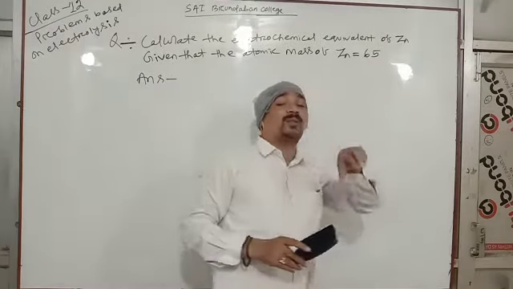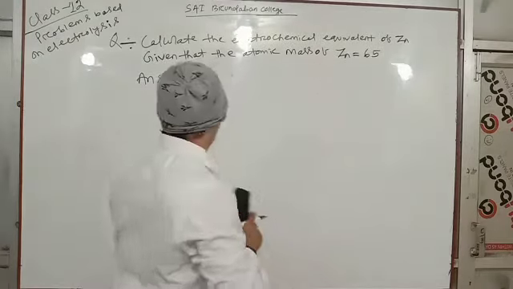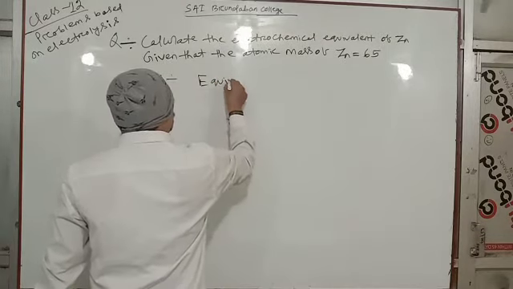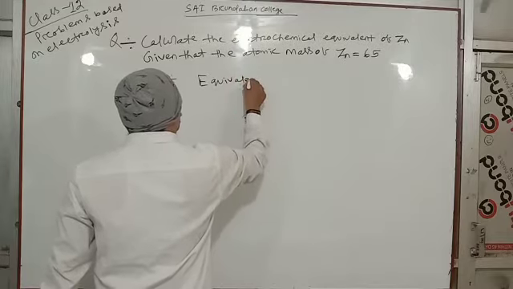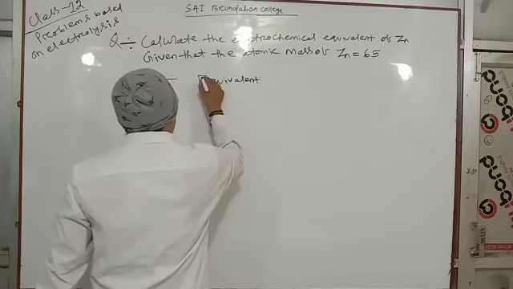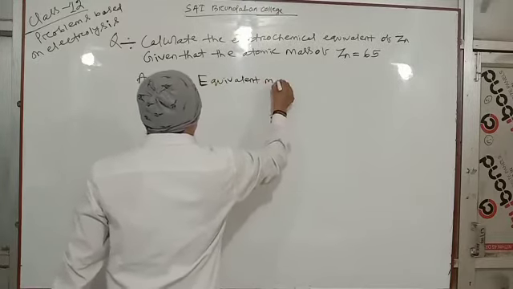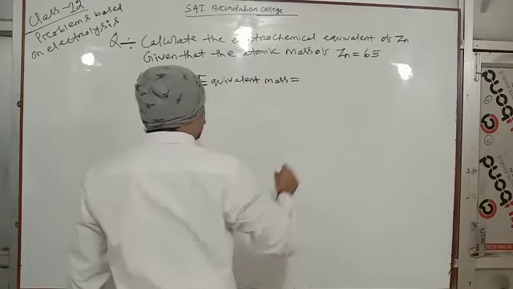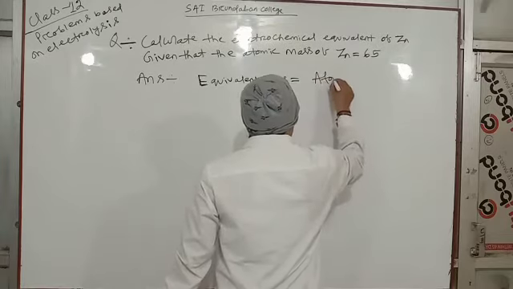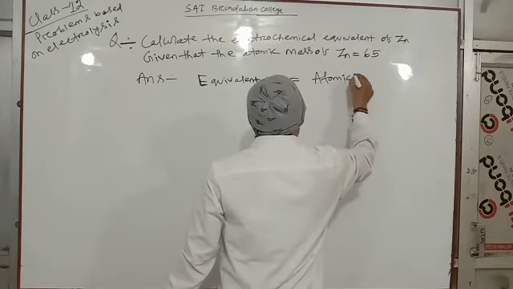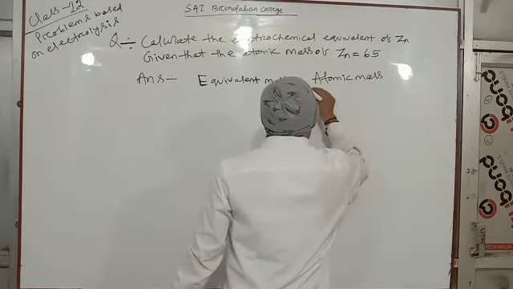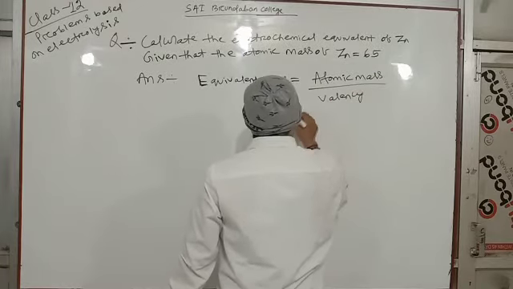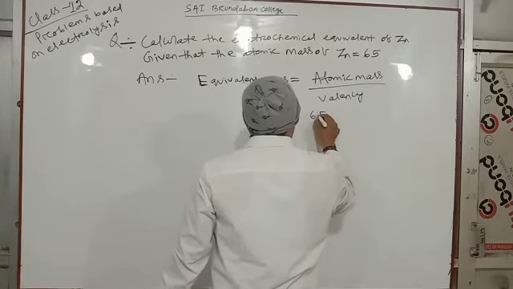Next we have to calculate the equivalent mass. Equivalent mass is how much? Atomic mass divided by valence.